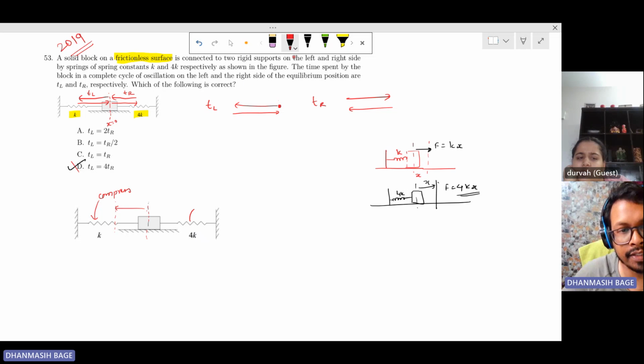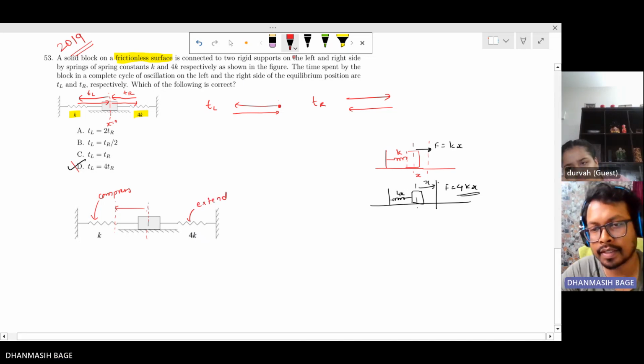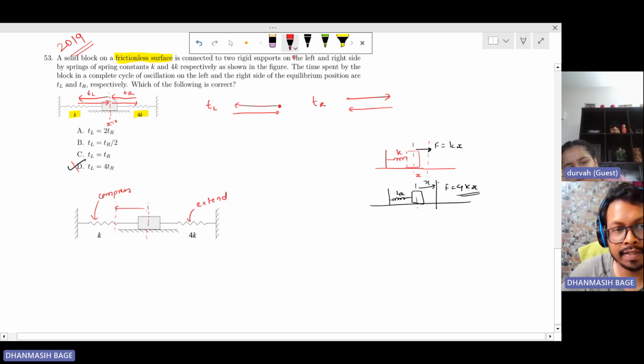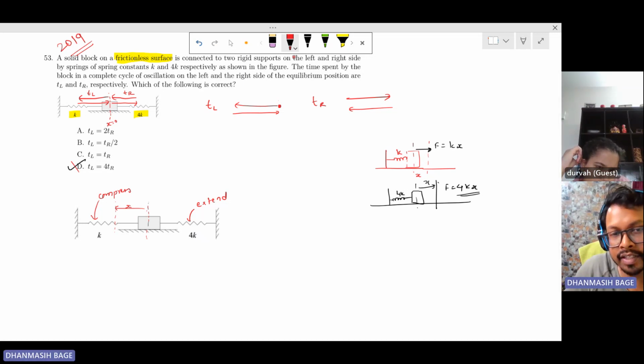Yes, sir. And this spring will extend. That's correct, right? Yes, sir. Let us say that compression is X. It compresses by X amount. So extension in the other spring will also be X, right?